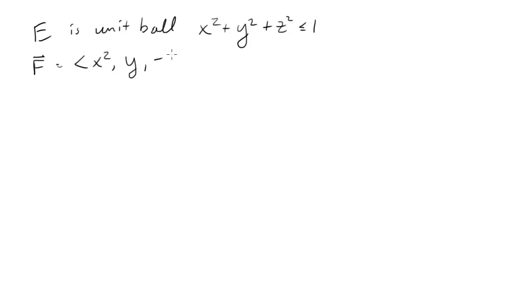Let's do a divergence theorem. Let's look at a simple example. E is the unit ball. My vector field, x squared, y, minus z, and calculate the divergence.